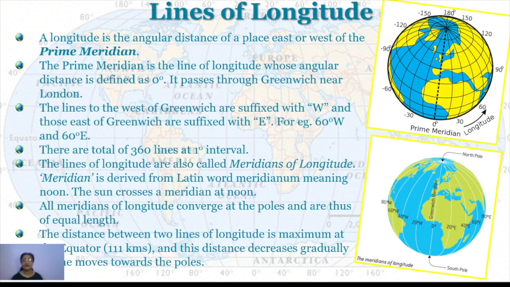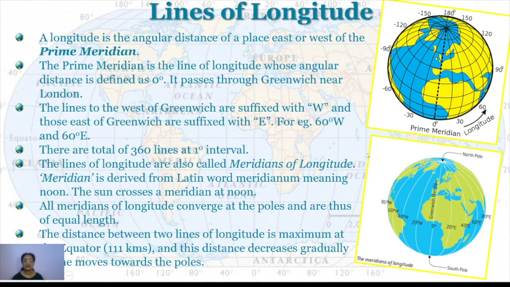Instead of prime meridian, we also call it Greenwich meridian. That means 0 degree longitude. The lines to the west of Greenwich are suffixed with W, capital W, and those lying on the east of Greenwich are suffixed with E, capital E.